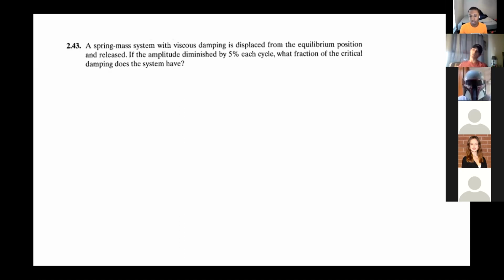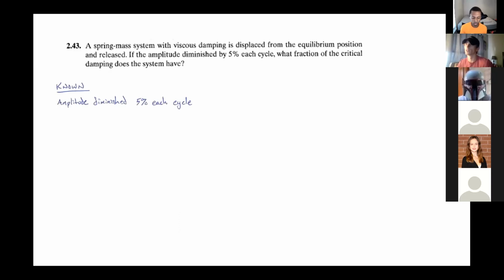Question 43: a spring mass system with viscous damping is displaced from the equilibrium position and released. If the amplitude diminished by 5% each cycle, what fraction of the critical damping does the system have? This is one of those questions where it's ambiguous as to what it's asking.